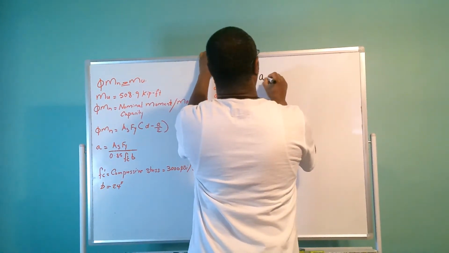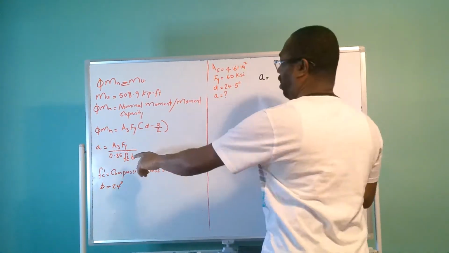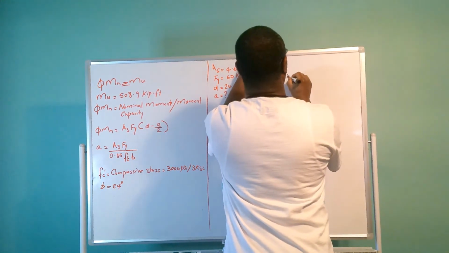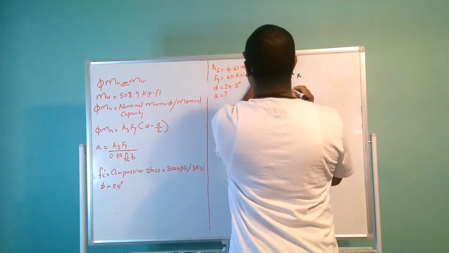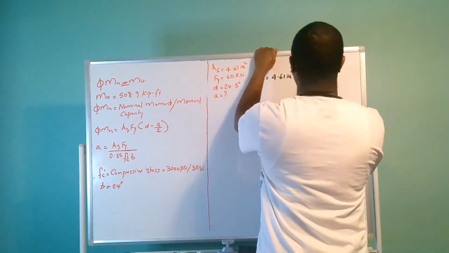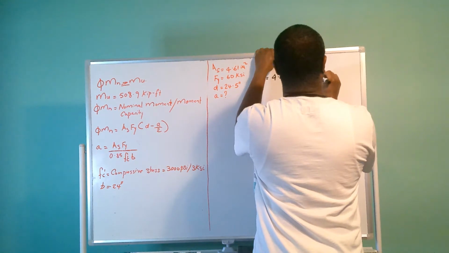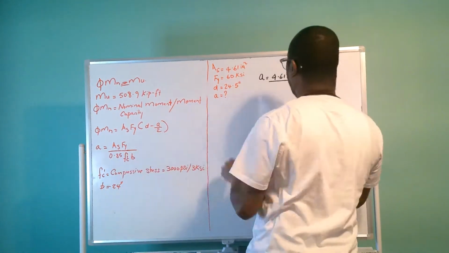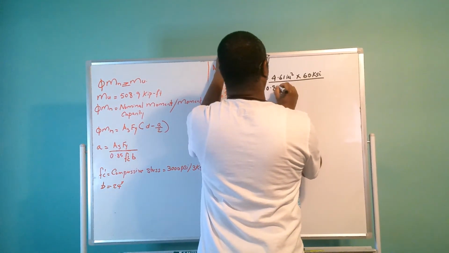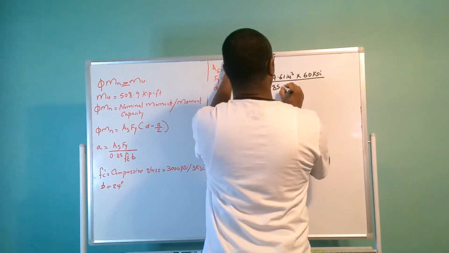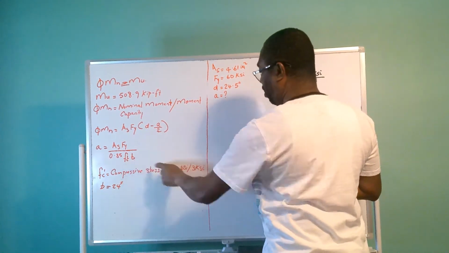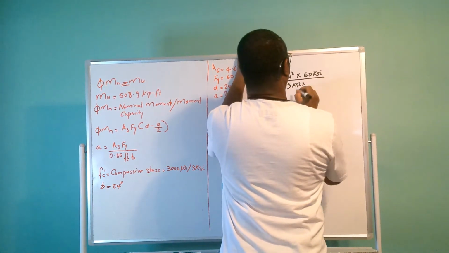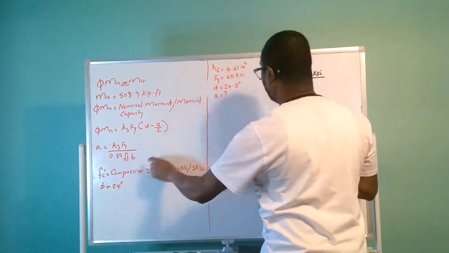Plugging into the calculator, a equals the area of steel, 4.61 square inches, times the yield stress of steel, 60 ksi, divided by 0.85 times the compressive stress of concrete, 3 ksi, times b, the breadth, which is 24 inches.